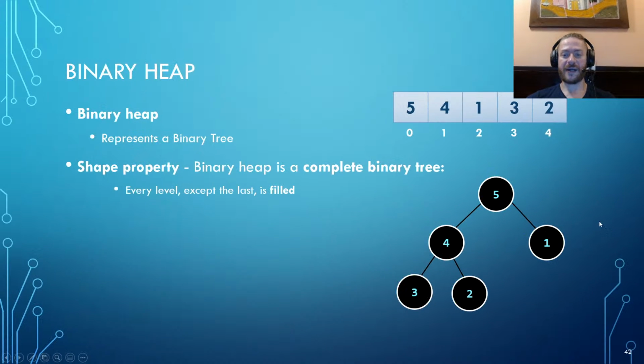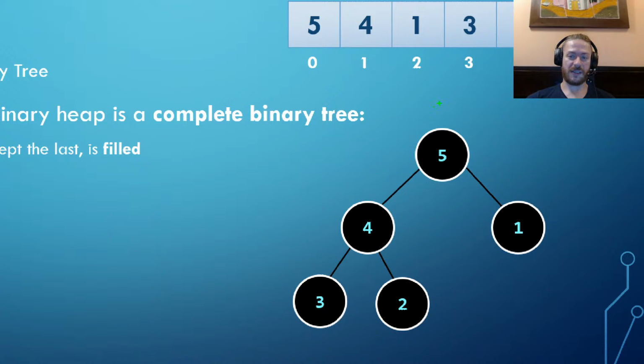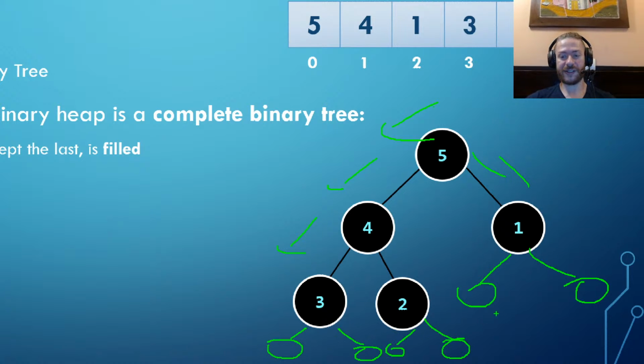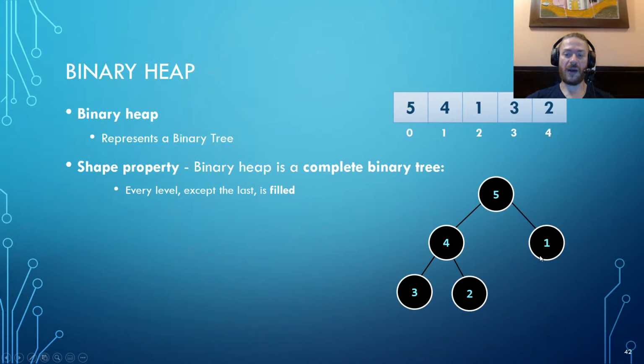We don't care if the value is smaller. We just add children as necessary and then reorder the heap. That's the important part. So every time I want to add something to this heap, I will add it next in terms of the level. So I'm going to add a value. Is level 1 filled?